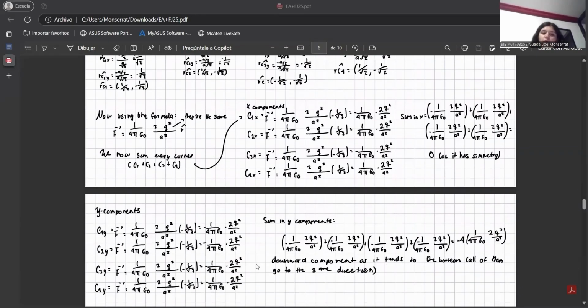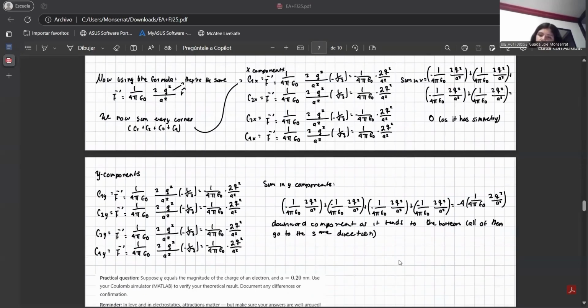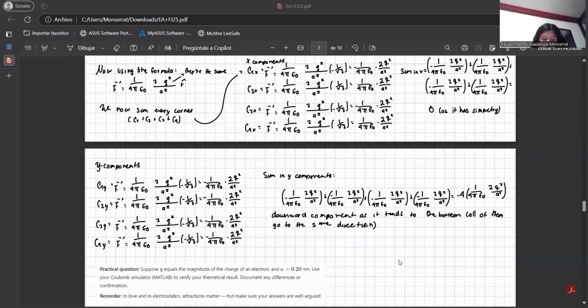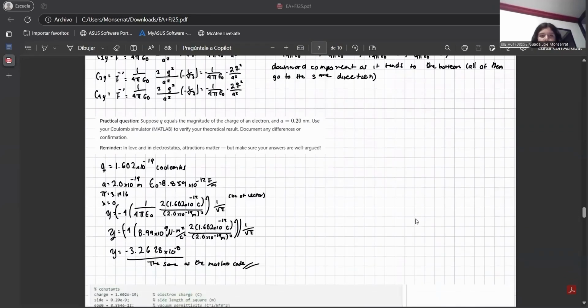Now for the y component we sum everything up, and it gave us a downward component that is negative, and all of them go in the same direction, so they summed up.